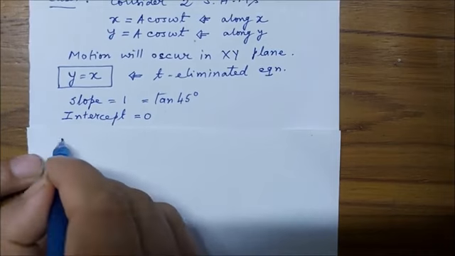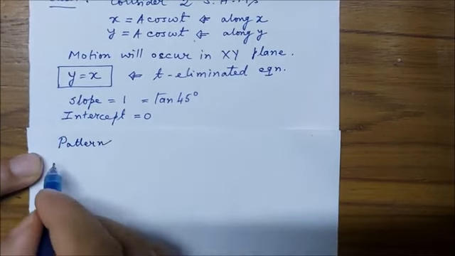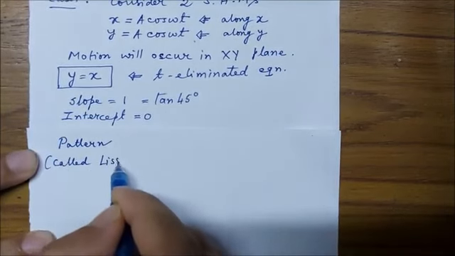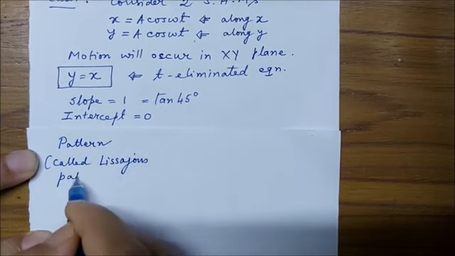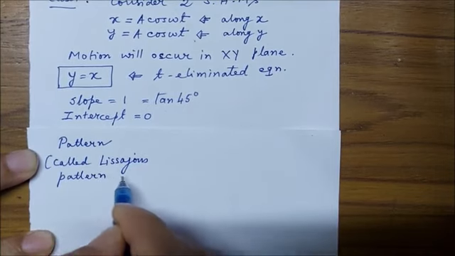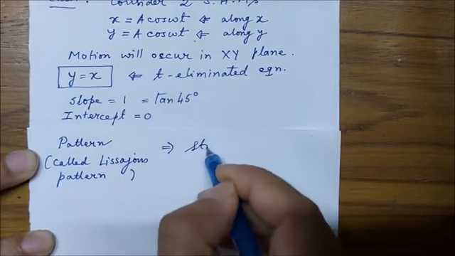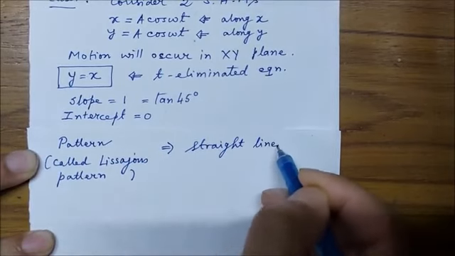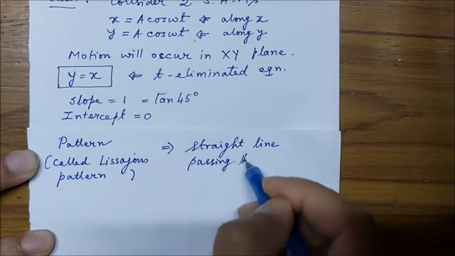So we conclude that the pattern, which is called Lissajous pattern, will be a straight line in this case passing through the origin.